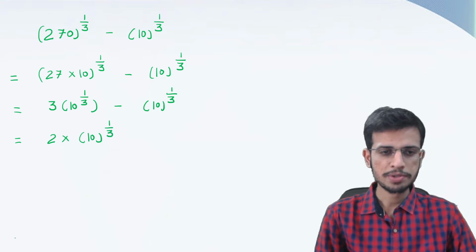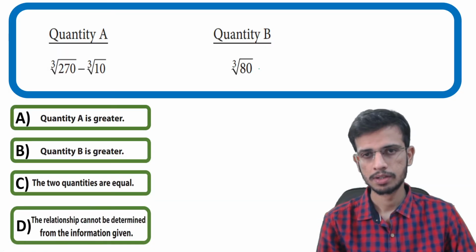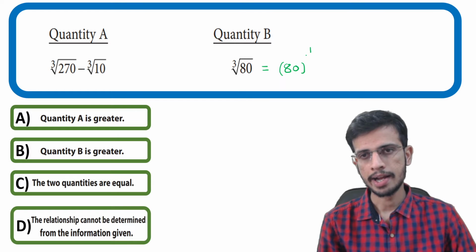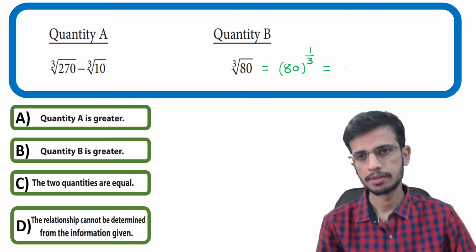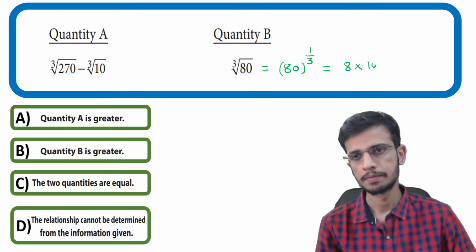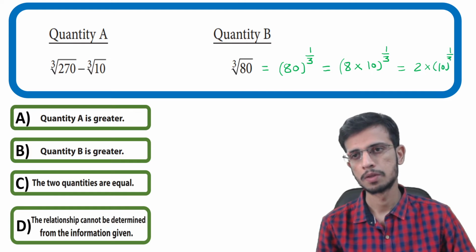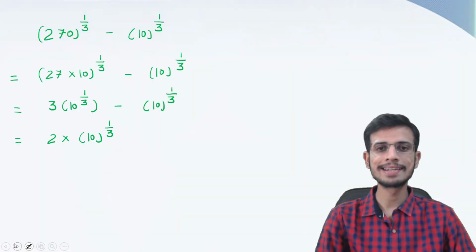Now let us try to simplify quantity B. We can take the cube root of 8, so it will become 2 times the cube root of 10. So I think both the quantities are equal.